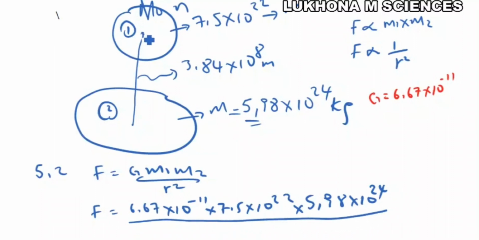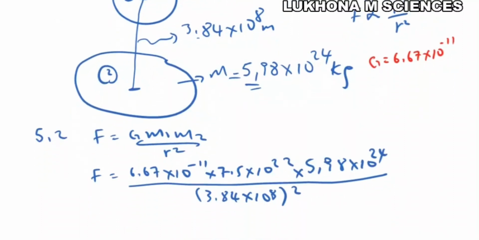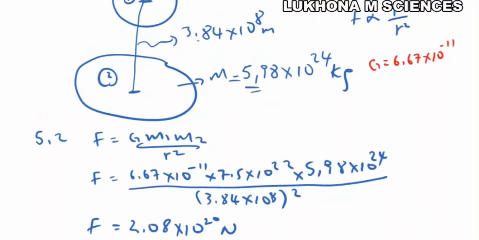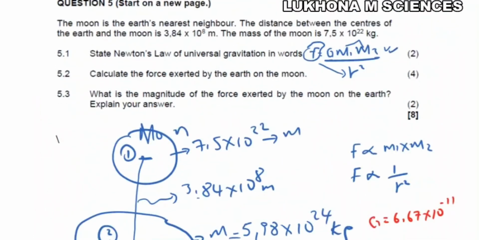The distance is 3,84 times 10 to the power 8, squared. Remember the square, so use brackets. Then press your calculator. So the force is 2,08 times 10 to the power 20 newtons. Then we are done with question 5.2. Let's go to 5.3.